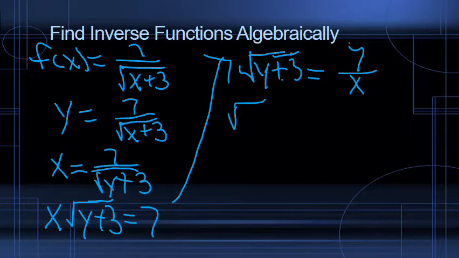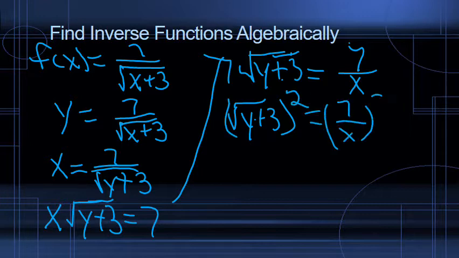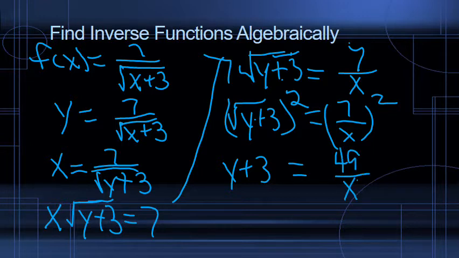So I can go square root of y plus 3 squared equals 7 over x squared. When I square the square root of y plus 3, of course, I'm just going to have y plus 3. And when I square 7 over x, I'm going to have 49 over x squared.